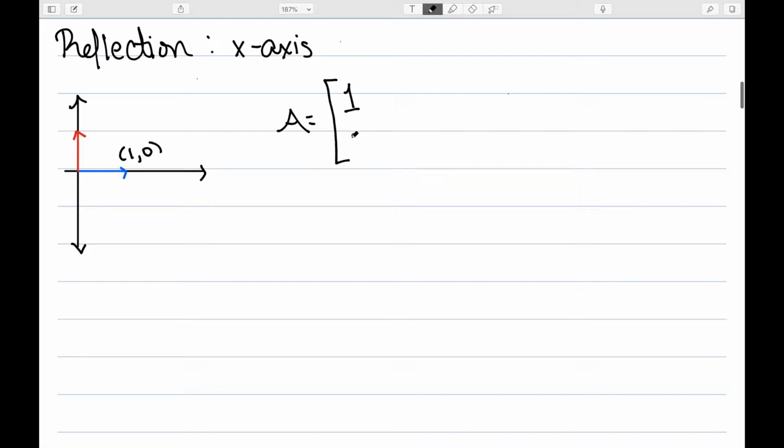So my first column is just going to remain 1, 0. This red vector is 0, 1, and whenever I reflect across the x-axis, it's going to move down here. It'll still be over 0, but instead of going up 1, it will go down 1. So the matrix that defines reflection across the x-axis would be 1, 0, 0, minus 1.